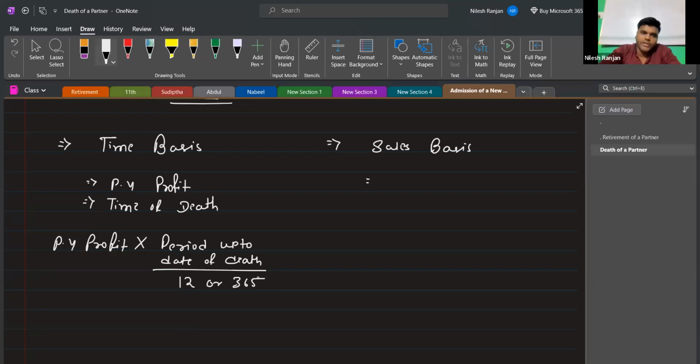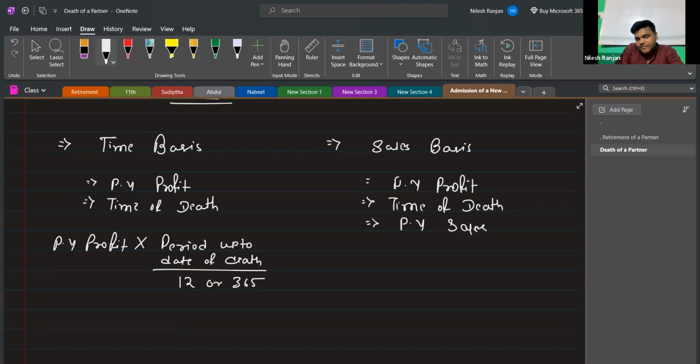In second case, sales basis, previous year profit will be given and time of death will be given. Previous year sales will be given and current year sales will be given. There will be these four pieces of information in the question.